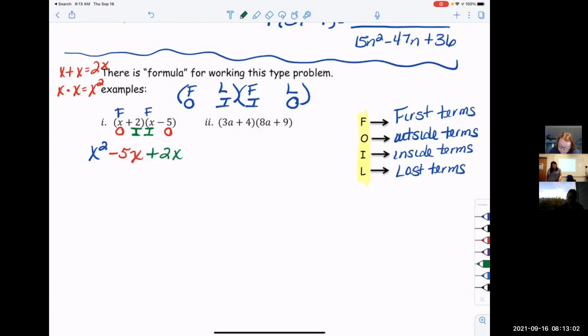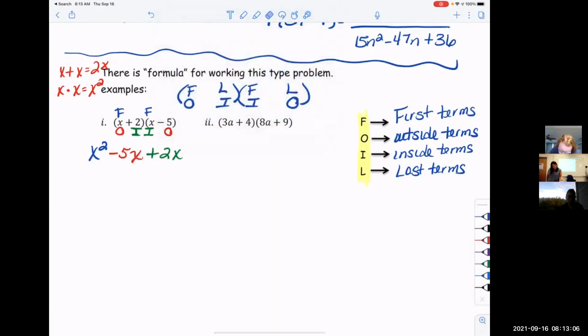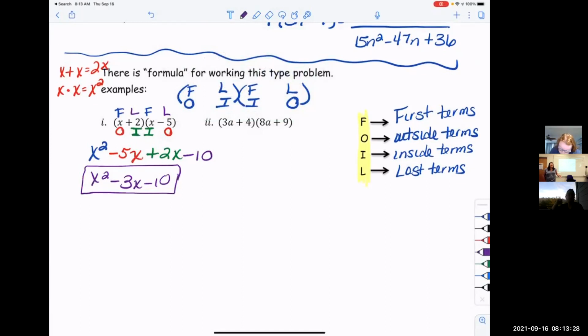You got it. And then we have last, which are at the end of the parentheses. Make sure you take the sign with it. So we're saying 2 times negative 5. Combine those like terms if you have some, and you ended up with a trinomial with an exponent of x squared being the highest exponent.